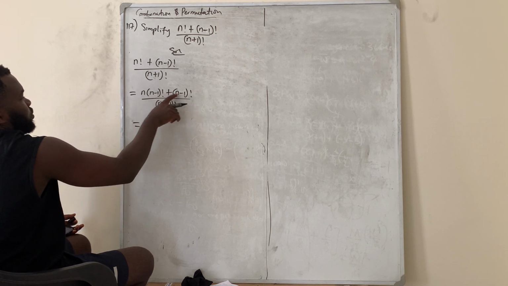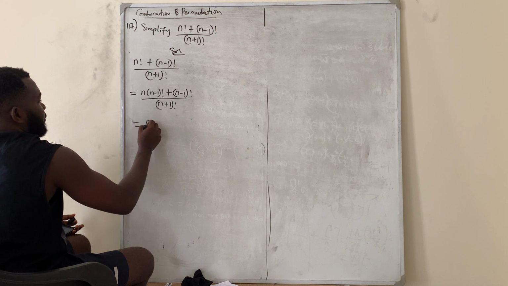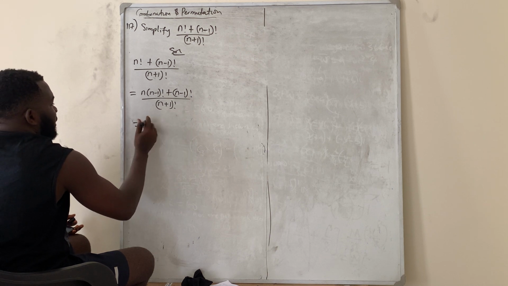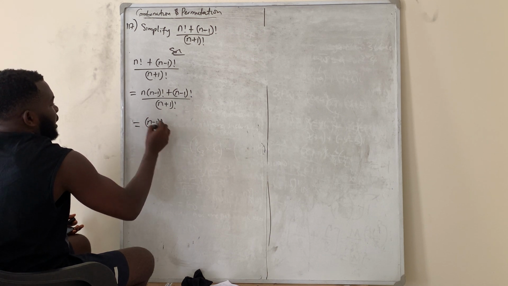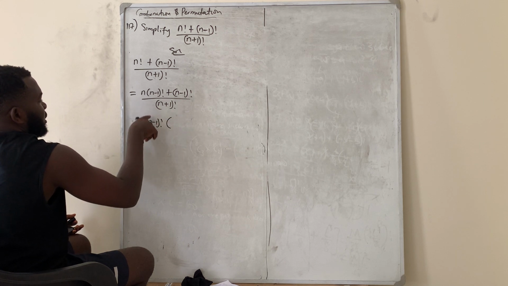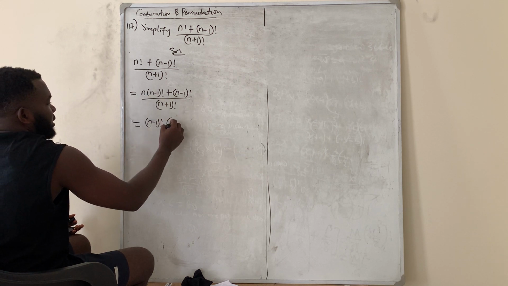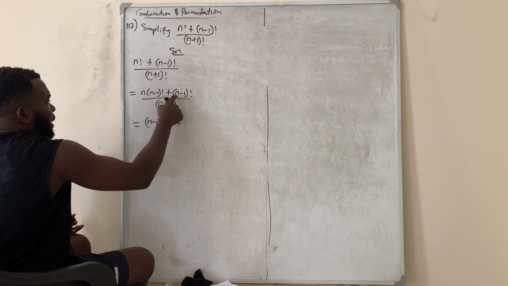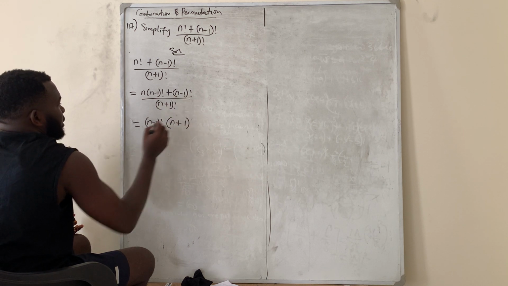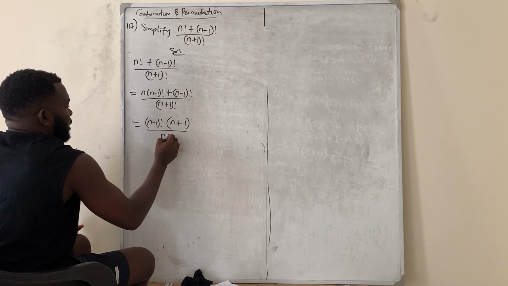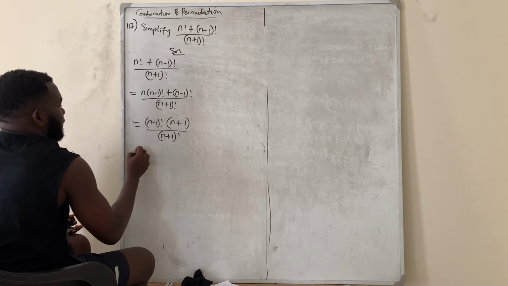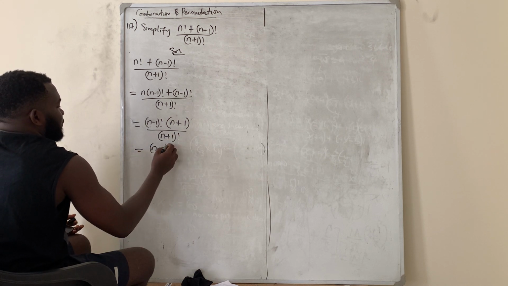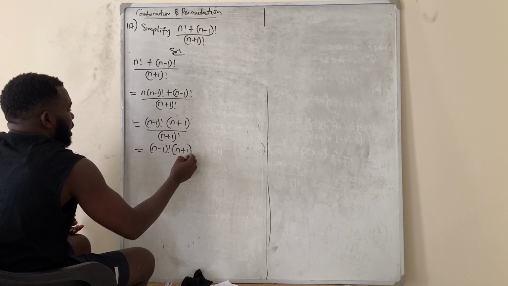Now, if I factorize what is common between these two terms, n minus 1 factorial is common. If I open a bracket, this divided by this, what is remaining here is n, plus this divided by this, what is remaining here is just 1. Now all over n plus 1 factorial. So this is n minus 1 factorial, then n plus 1, all over.